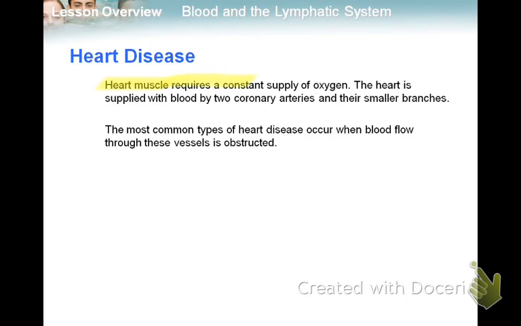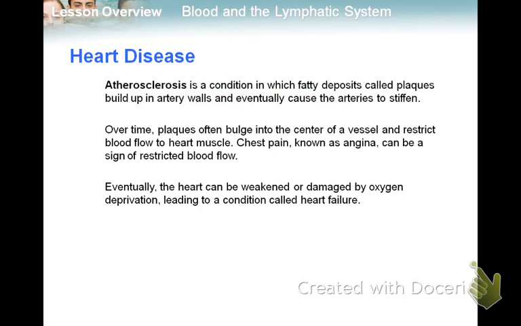Like we said, the heart muscle needs oxygen. Coronary arteries and their smaller branches are what do that. The most common types of heart disease happen when those vessels are obstructed. Atherosclerosis is what usually does that. Fatty deposits called plaques build up in artery walls and cause the arteries to stiffen.